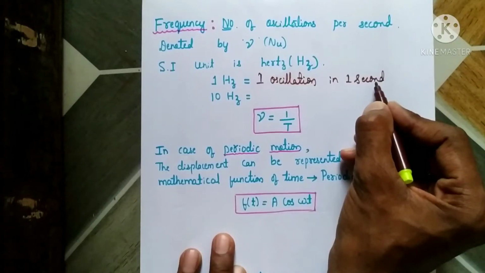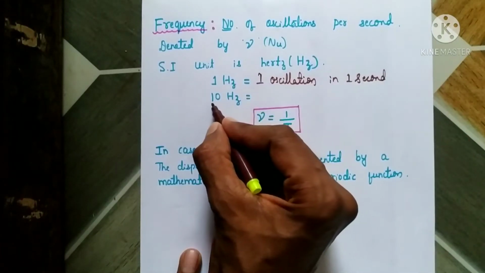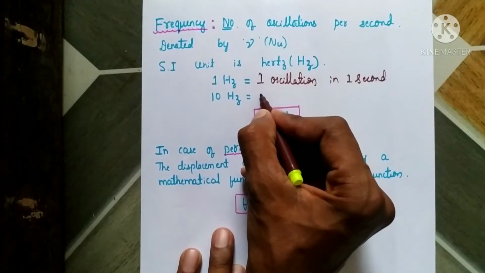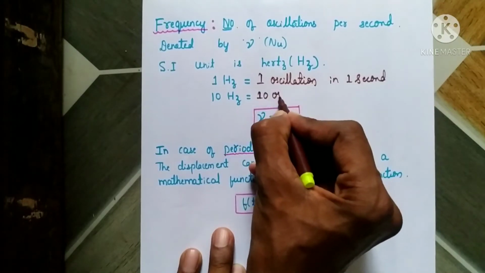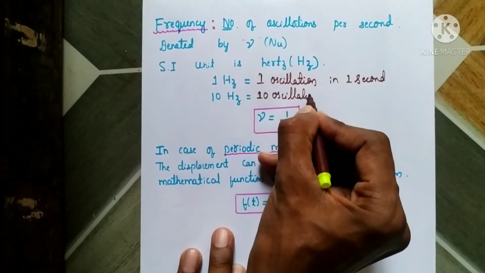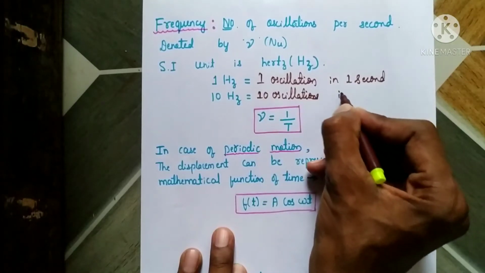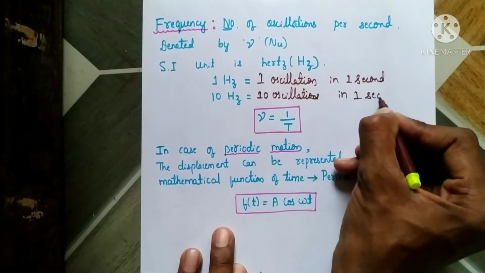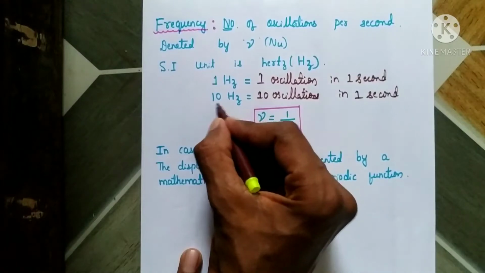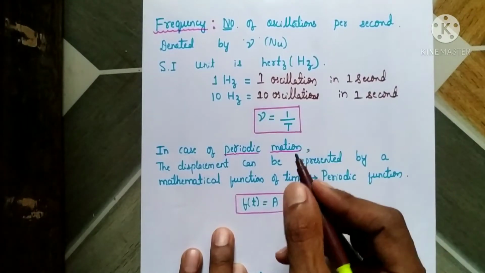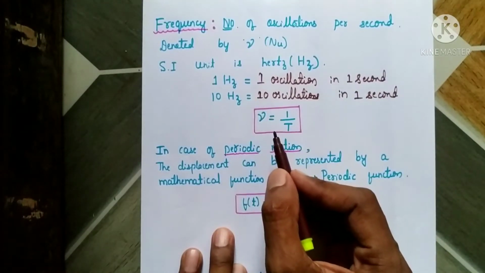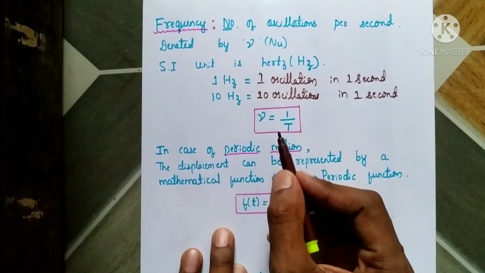That is what frequency is. In the same way, 10 hertz means the object has to complete 10 oscillations in 1 second. So keep it in mind, frequency means the number of oscillations completed per second.